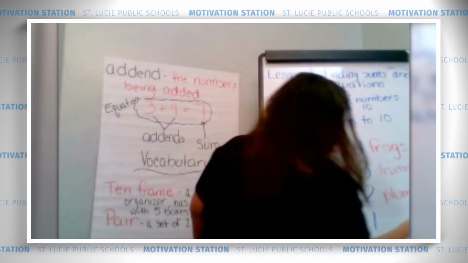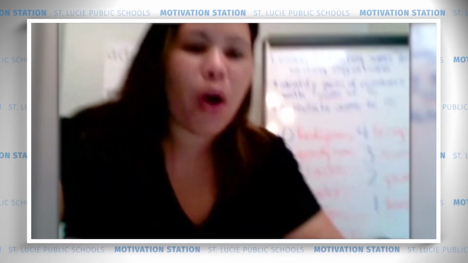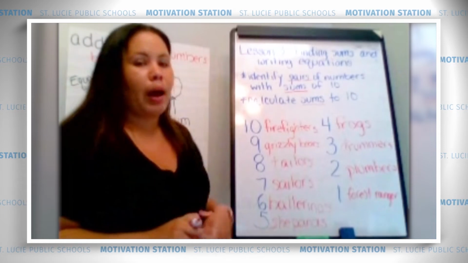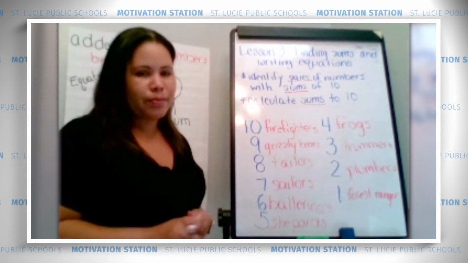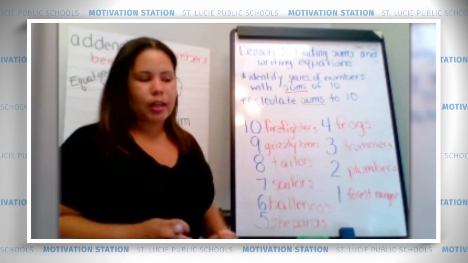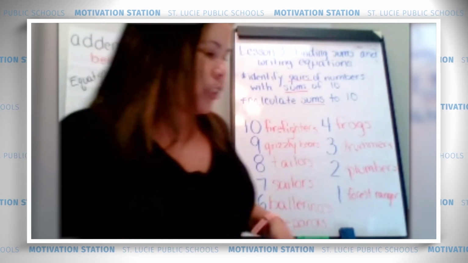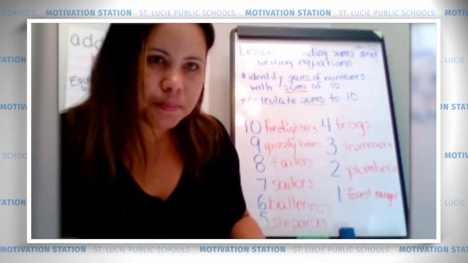And 1 forest ranger. Wow, did you guys remember all of those characters? That was a lot of characters. I had to list them in order from highest or largest down to the smallest, but you guys helped me. Great job. Do we remember the combinations?